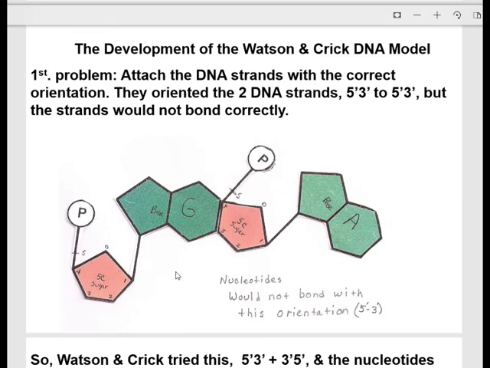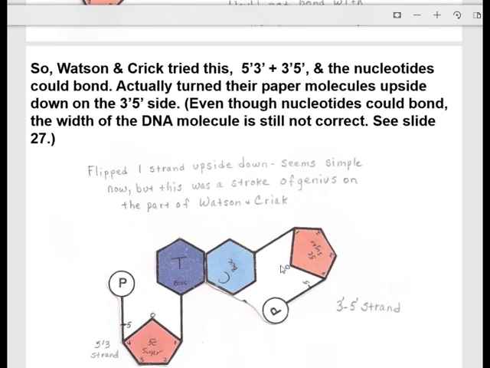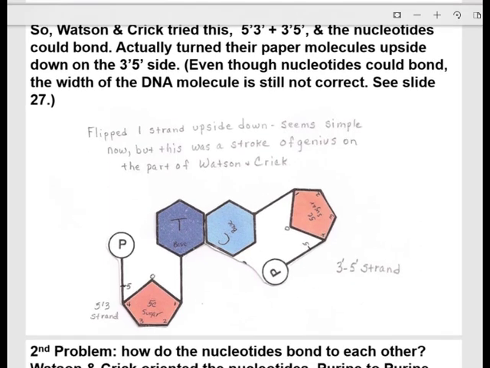Now, the problem that Watson and Crick had when they built their model was to orient it correctly. First, they tried two 5'-3' strands, but they found that they wouldn't bond correctly. So they decided that it needed to have a 5'-3' strand and a 3'-5' strand, opposite polarity.